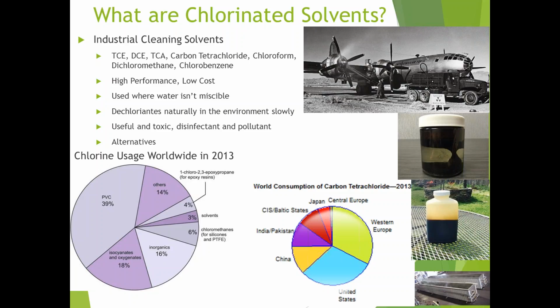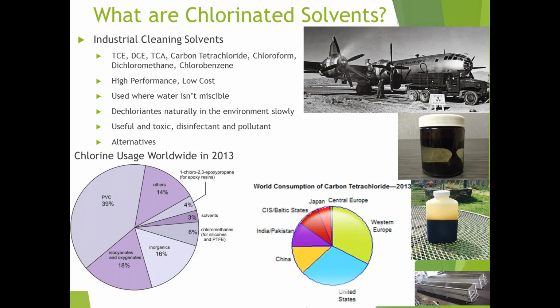Those are just to name a few. There are literally hundreds of compounds that are used every day in industrial settings. Chlorinated solvents are used in the workplace because they provide high performance at lower cost than most alternatives.